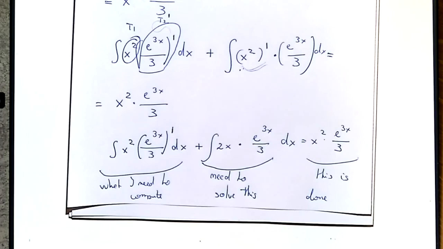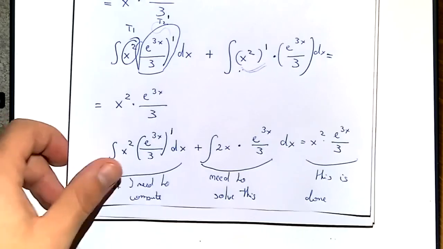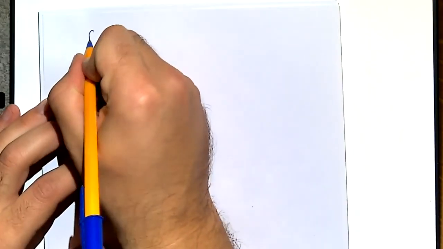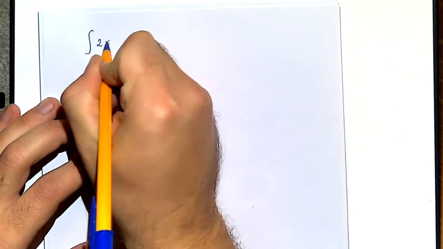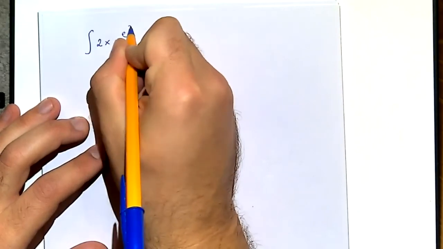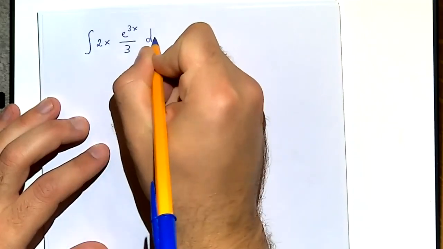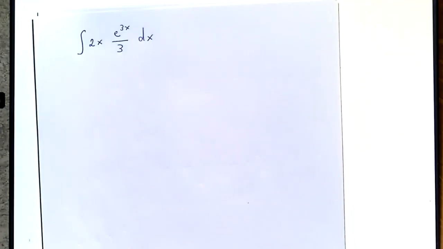Cool. So let's just solve that thing now. I need to solve the integral of 2x e^(3x)/3 dx. This is what I need to solve again.